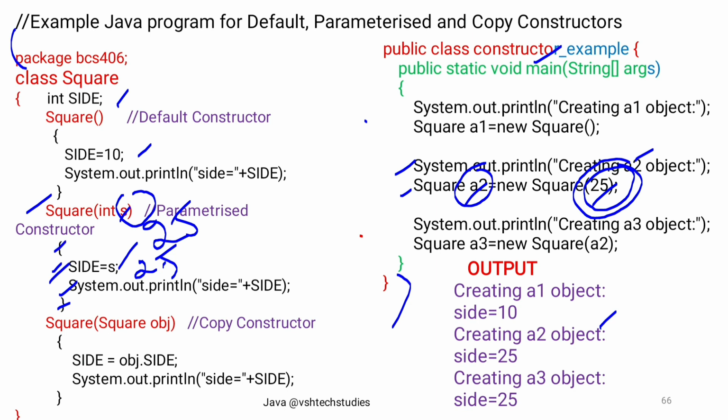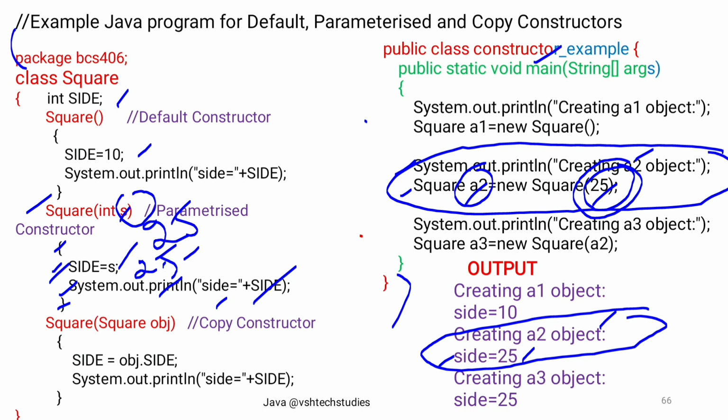So System.out.println. So "side equal to" within double quotes, it is as it is, it will be printed here. Then the side value, what is that? 25. Hence it will be printed here. So these 2 lines of output are because of these 2 instructions.